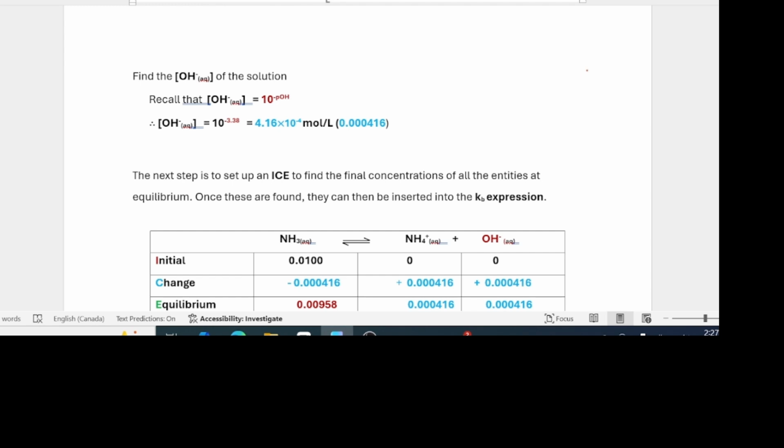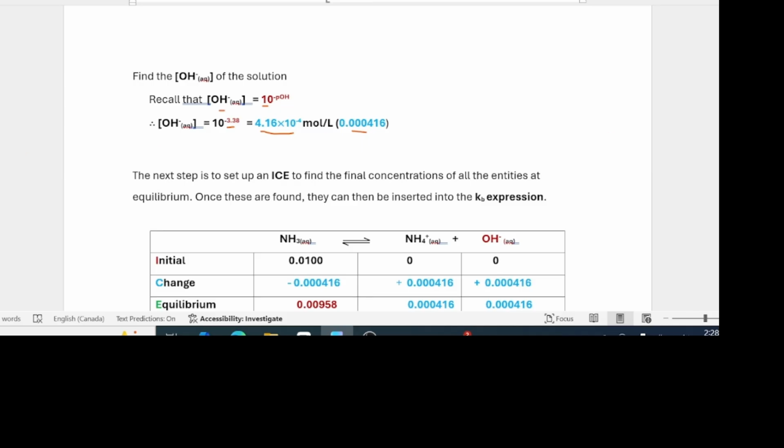It's similar to how we calculate hydrogen ion concentration. OH ion concentration will be equal to 10 to the negative pOH, and pOH in this case is 3.38. So OH ion concentration will be equal to 10 raised to the exponent negative 3.38, and it turns out to be, in scientific notation, that, and in decimal form, this.